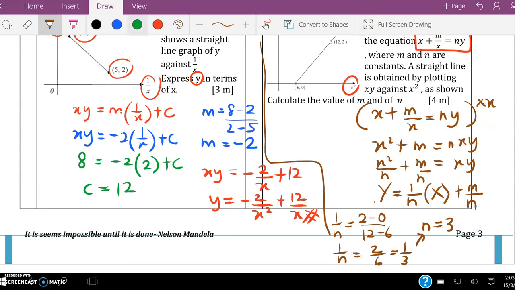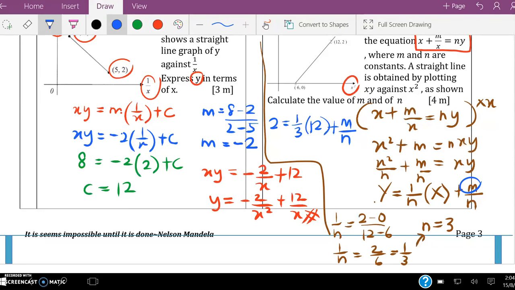And then we substitute another value. To differentiate the calculation, I use a blue pen now. We want to find m, right? So again, we choose one of the coordinates. I choose 2 is 1 over 3 bracket 12 plus m over n.